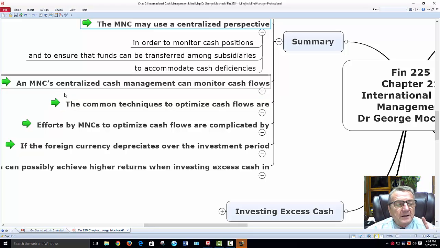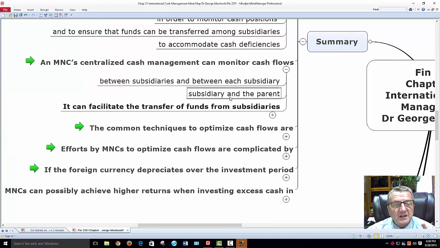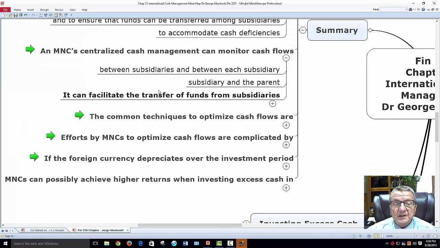Okay, so let's go. An MSC central cash manager can monitor cash flows between subsidiaries and within each subsidiary. Basically, you're looking at everything. So when you're writing this, MSC, when I'm looking at central, I watch every penny. I may give you flexibility to spend it, but I'm keeping an eye on it. I have certain dashboards or parameters set.